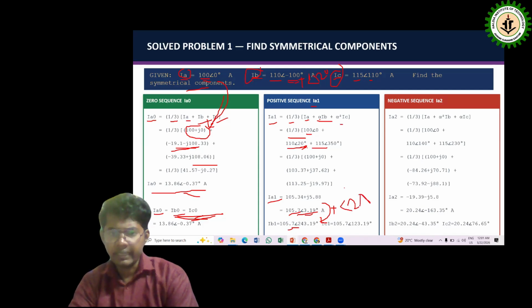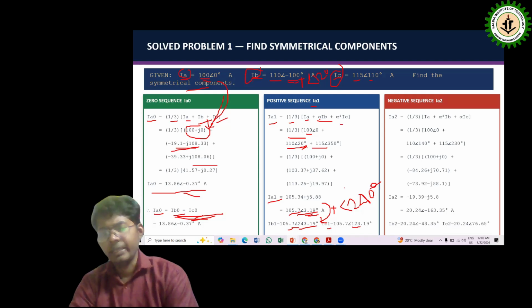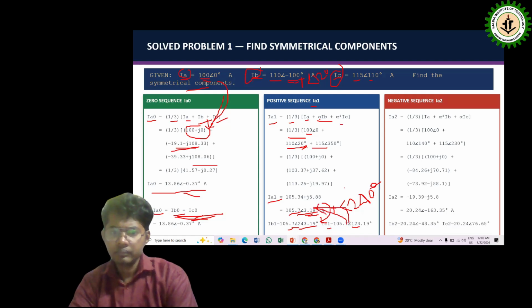If you add 240 degree to 3.19 degree, it becomes 243.19. And IC1 has the same magnitude, and we just add the angle 120 degree: 3.19 plus 120 becomes 123.19 degree. In the same way, the negative sequence component can also be calculated.